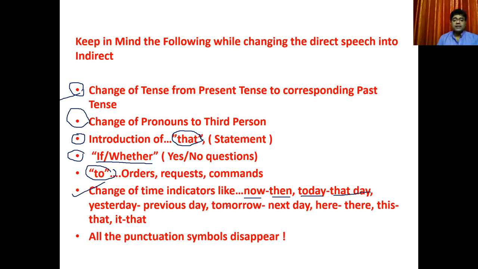Here becomes there, this becomes that, these becomes those. Please remember this. And finally, all the punctuation symbols disappear, because in the direct speech we use them. It can be an exclamatory mark, a question mark, and inverted commas, they all disappear when they come to indirect speech.